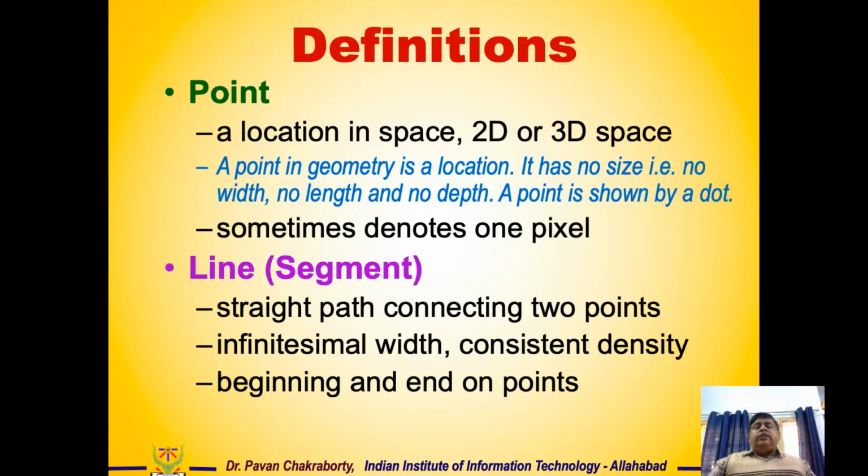Now please note here, when you have a pixelized screen, the pixels are rectangular in shape, and when you place the rectangles one beside the other to form the line, it certainly will not be of uniform width, or of infinitesimal width. It will have a finite width, and this finite width will vary in thickness.